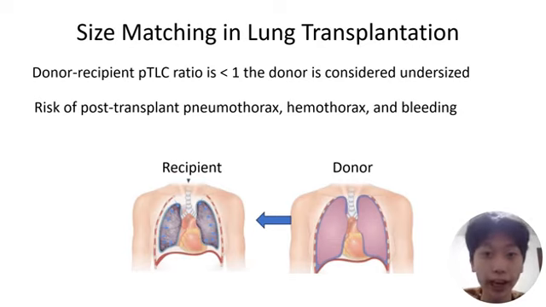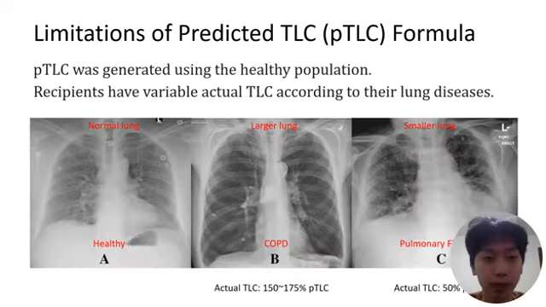On the other hand, when small lungs are transplanted into a large thoracic cavity, the risk of post-transplant pneumothorax, hemothorax, and bleeding greatly increases.